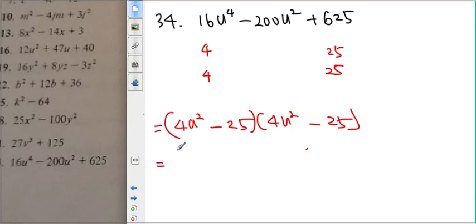But we're not done yet because you have to realize that 4u squared is a perfect square and 25 is also a perfect square, so this becomes 2u plus 5 times 2u minus 5. But the same thing happens 2 times, so we can just simply put down the squares on both of them. That becomes our answer for number 34.